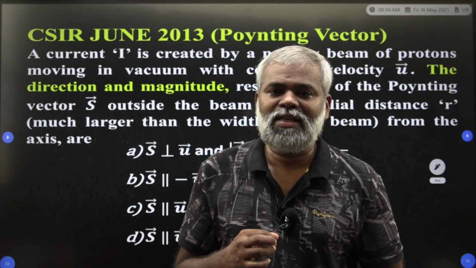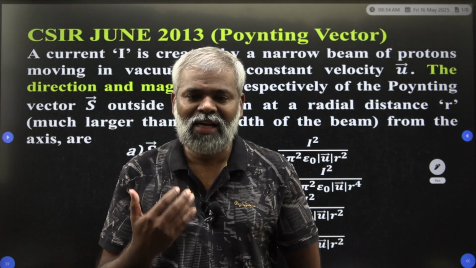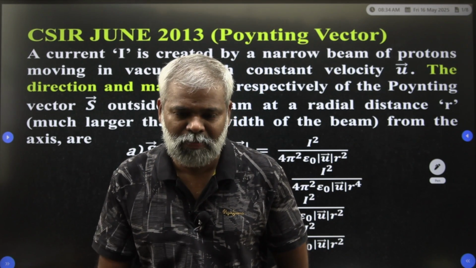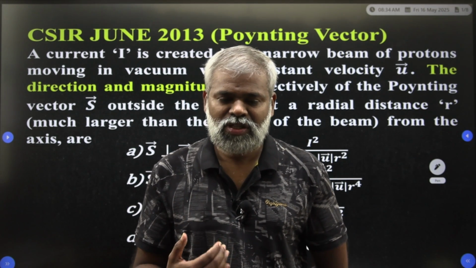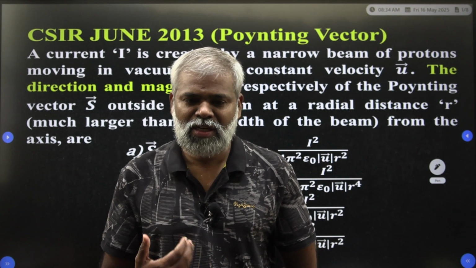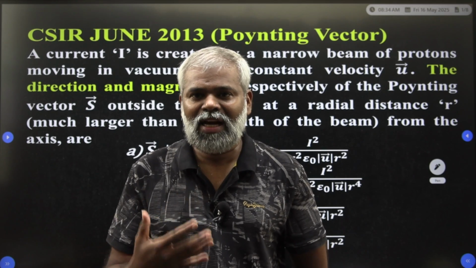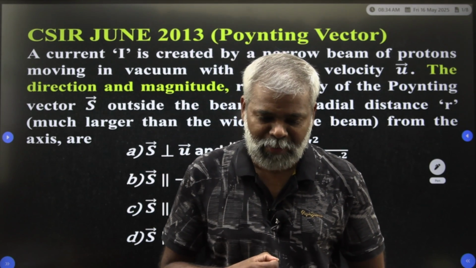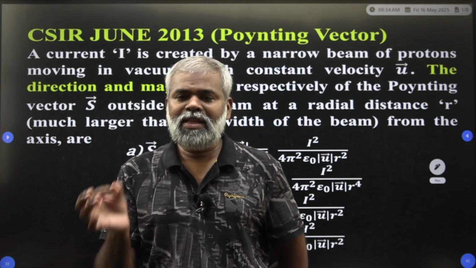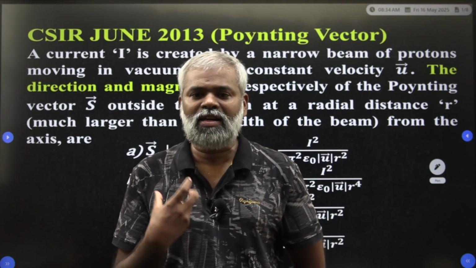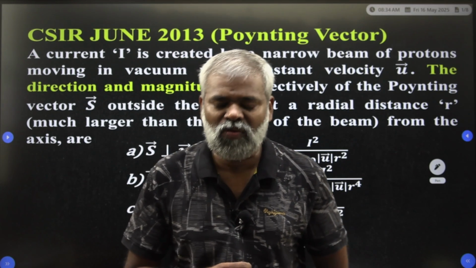In electromagnetic theory, just as in classical mechanics we discuss energy conservation, momentum conservation and angular momentum conservation, in a similar fashion we discuss conservation laws in electromagnetic theory also.